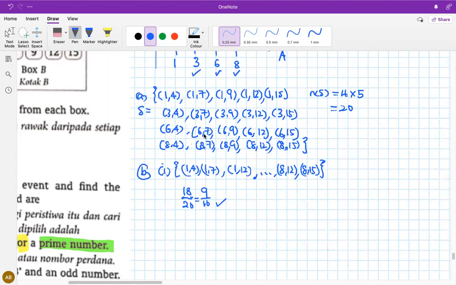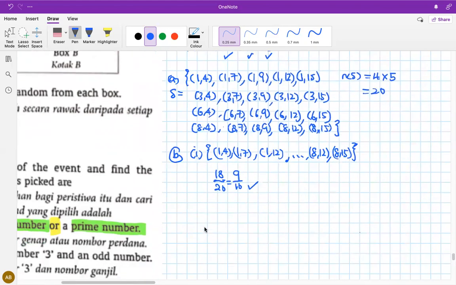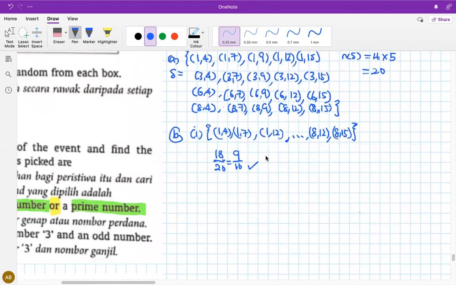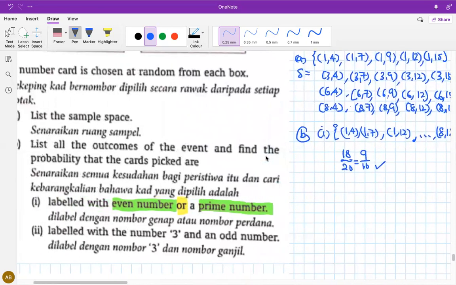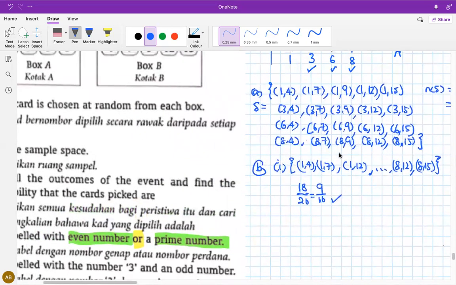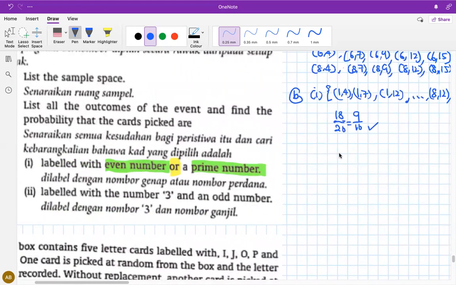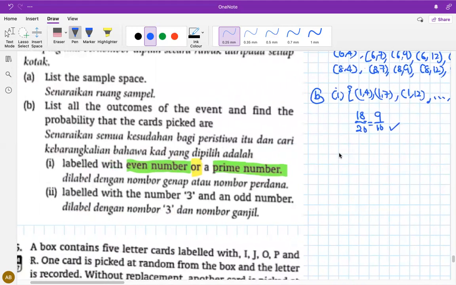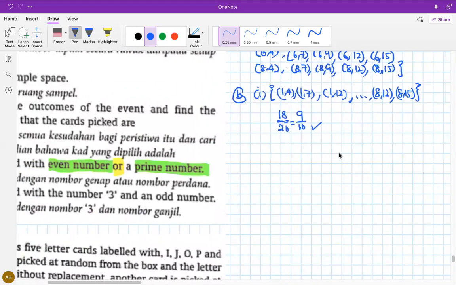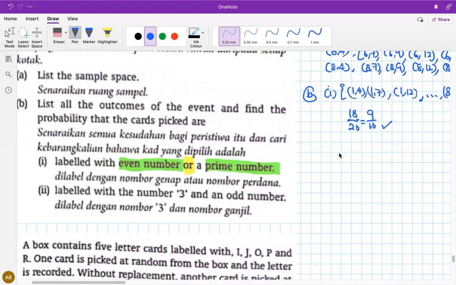If your sample space is not correct, then automatically your B1, B2 will be wrong if you don't show the outcome. Usually if your total outcome listed is incorrect, of course your outcome for the events will be incorrect also. This is very direct, very straightforward.